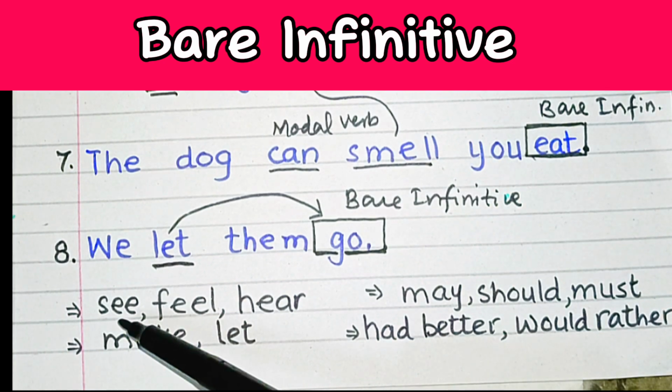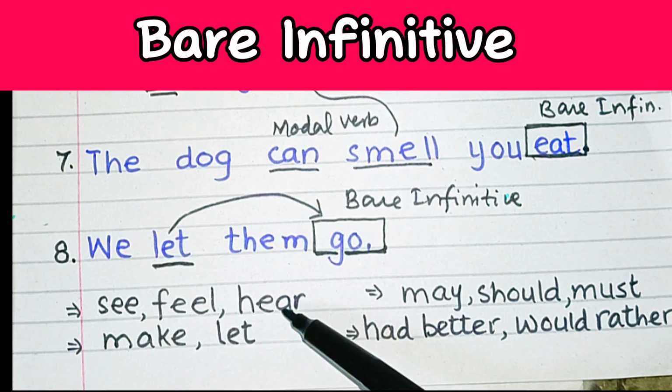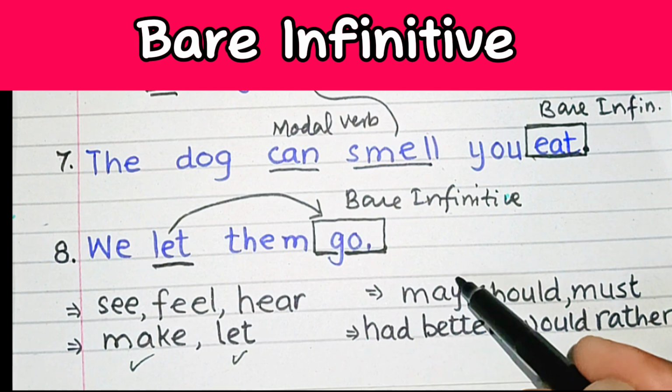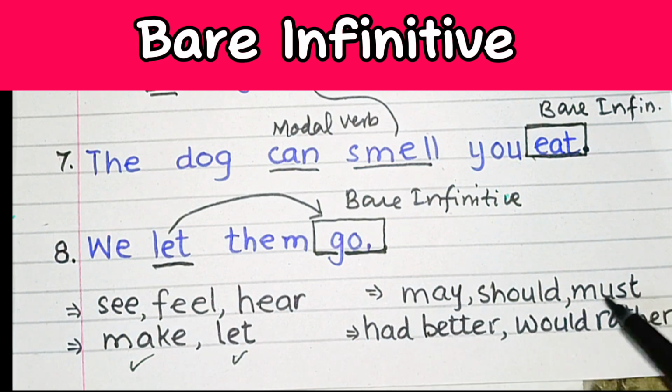As mentioned earlier, the perception verbs like see, feel, hear are followed by bare infinitives, and the words make and let are also followed by bare infinitives. And there are some modal verbs, may, should, must, etc., which are also followed by bare infinitives. And one more option is had better or would rather, they are also followed by bare infinitives.